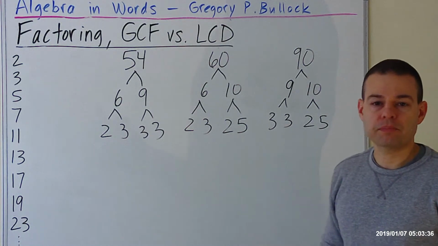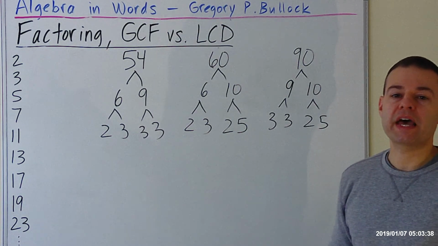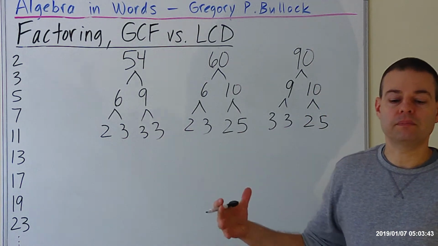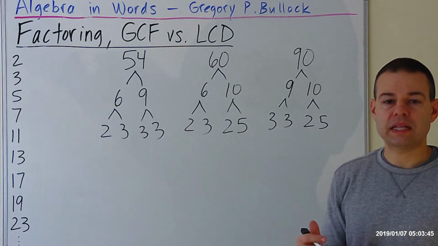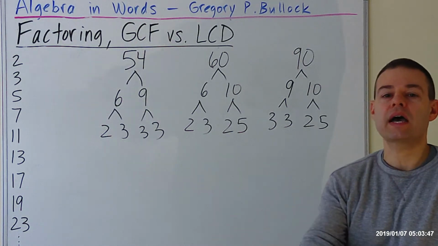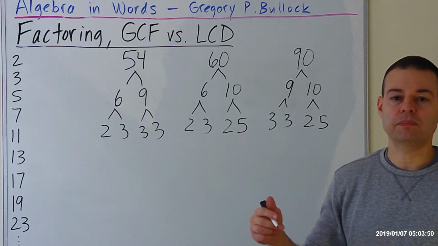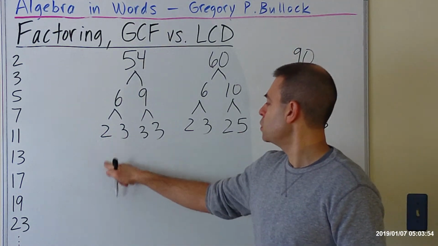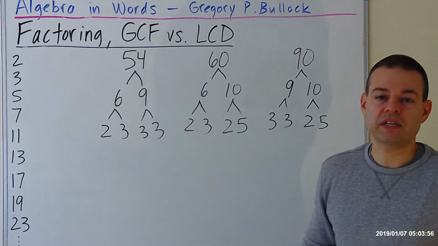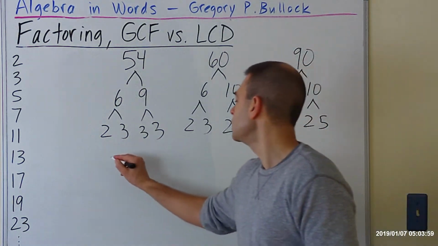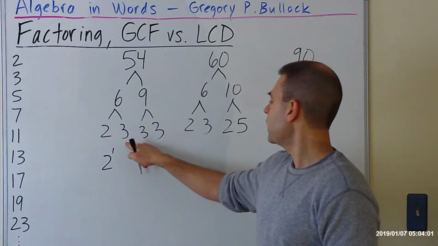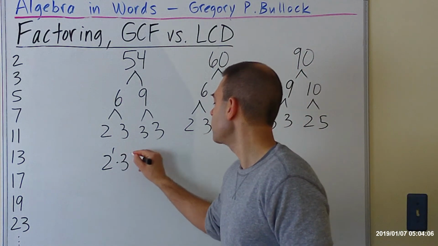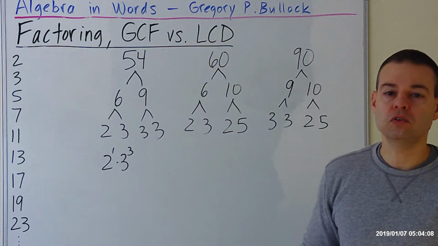But now we're going to take the prime factors and write them in exponential form. Anytime there's a repeat of a factor, we're going to consolidate it, and each time it's multiplied by itself, we're just going to put that number of times as an exponent. That's what exponents are. So for 54, we have 2 once, and even though normally we don't have to write the power of 1, for now I'm going to: 2 to the 1, and we have 3 times 3 times 3, so I'm going to write 3 to the power of 3, or cubed.